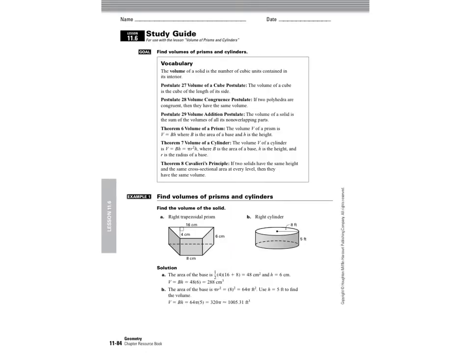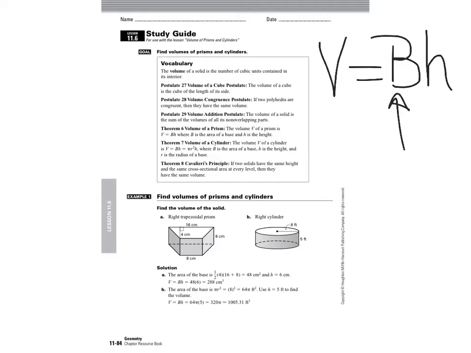Then in section 11.6, this is where we learned how to find the volume of prisms and cylinders. Remember, the general formula for the volume of these prisms and cylinders is capital B times H, where the capital B represents the area of the base.